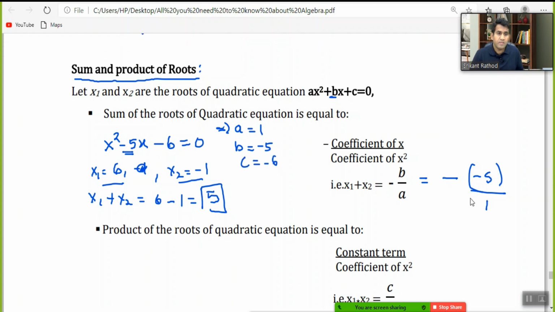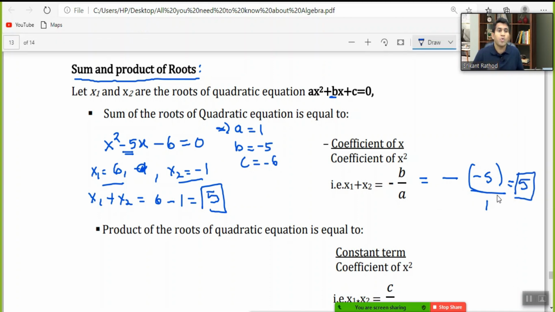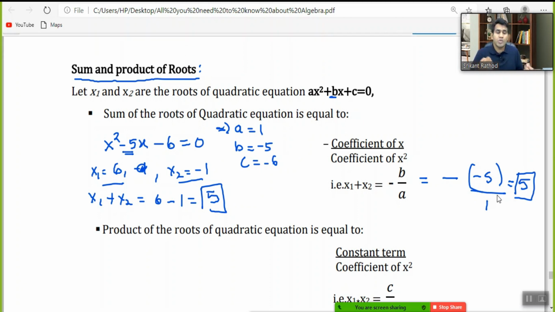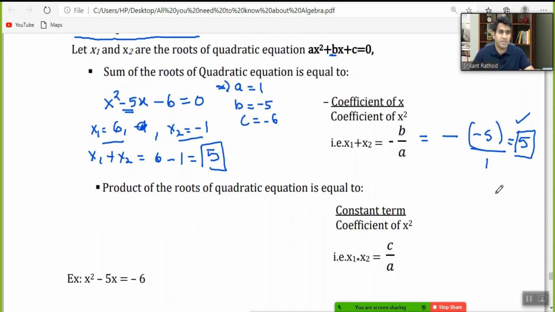So minus of minus 5 is plus 5, 5 by 1, so the result is 5. Here I don't know the individual roots, but I know their sum. If there is a question relating to the sum, I suggest you go with this, so it saves a lot of time.